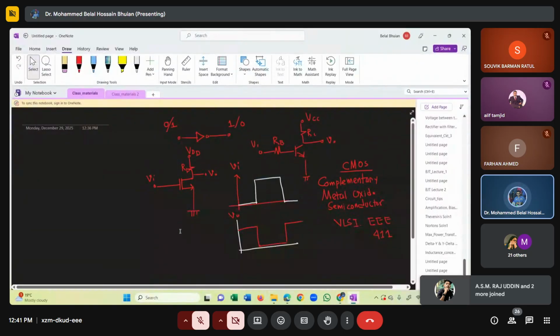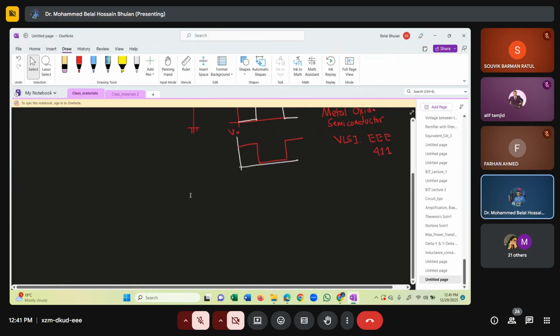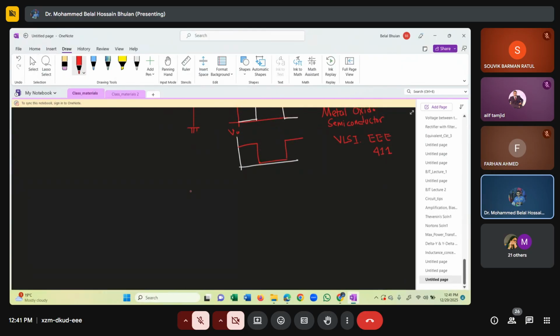So what is actually a CMOS? CMOS is a combination of both N-channel MOSFET and P-channel MOSFET.